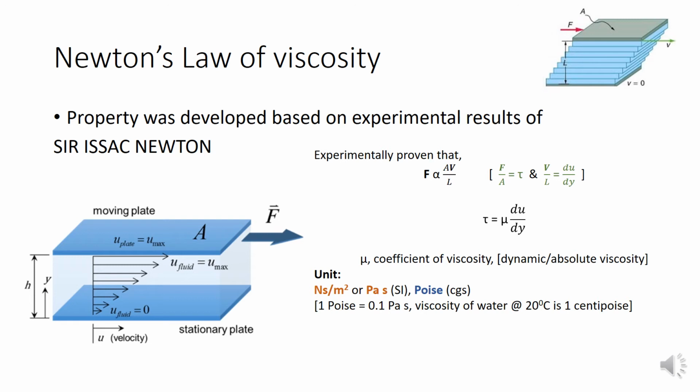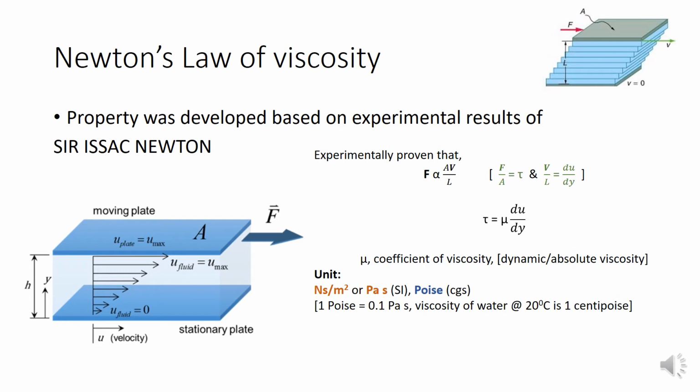If you take dou u by dou y to be the same, in which condition will you have more shear stress? In the case where you have a higher mu value, more resistance will be obtained. So more resistance means the value of mu will also be higher. This mu value is called the coefficient of viscosity, or it is also named dynamic viscosity or absolute viscosity, which acts as a property of a fluid.